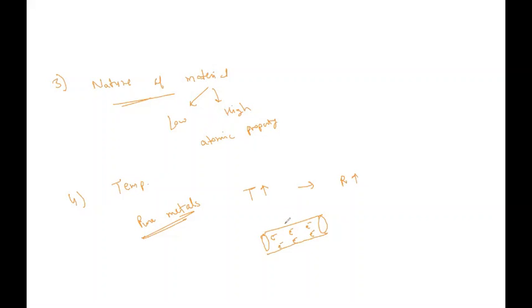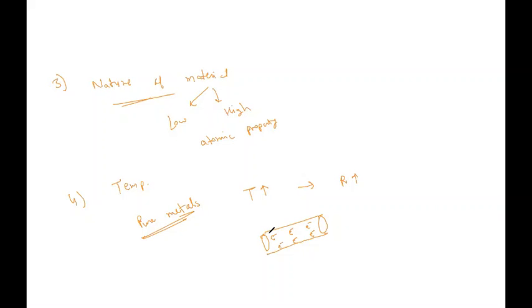Now, if you increase the temperature, what will happen? If the temperature is increased, the atoms will also start moving around. No, atoms won't have much effect on this. Tell me only in terms of electrons. What will happen to electrons if you increase the temperature?